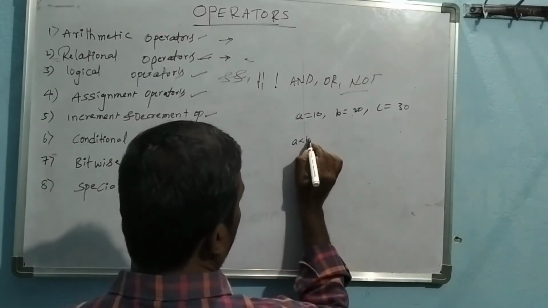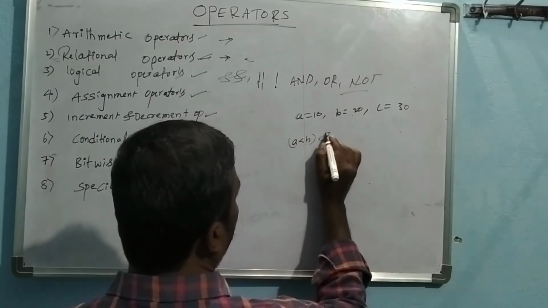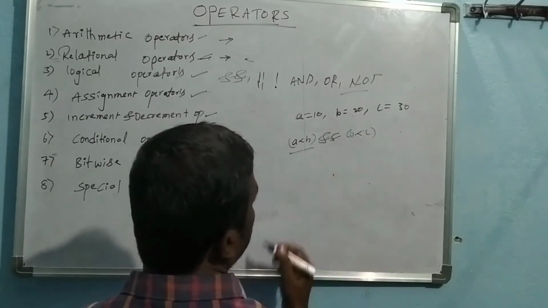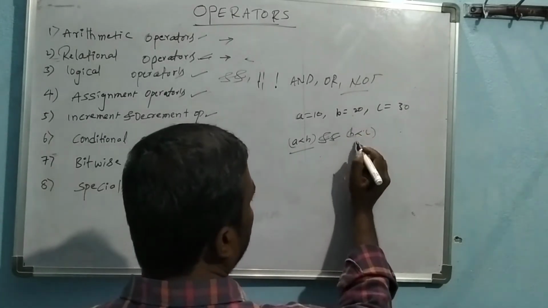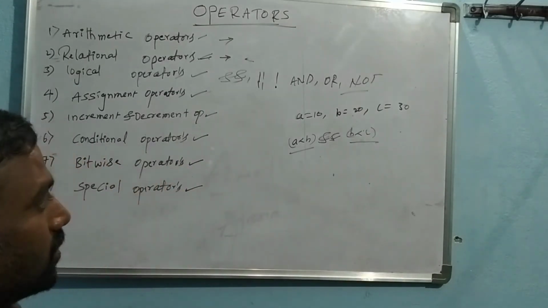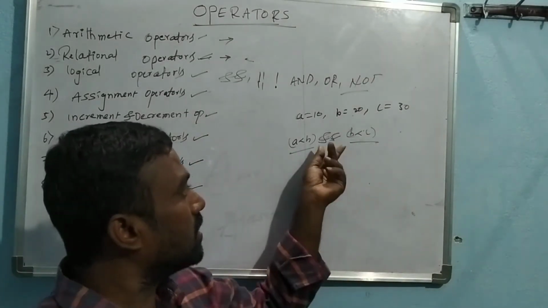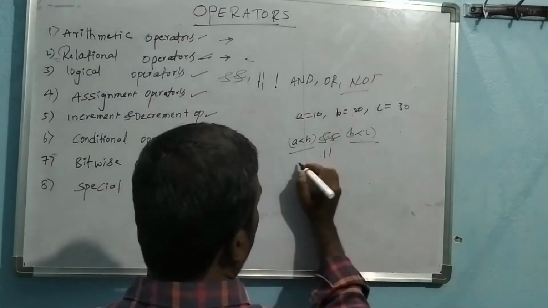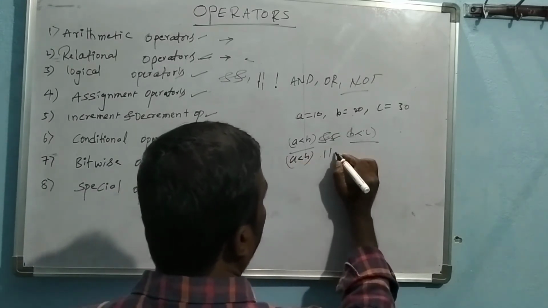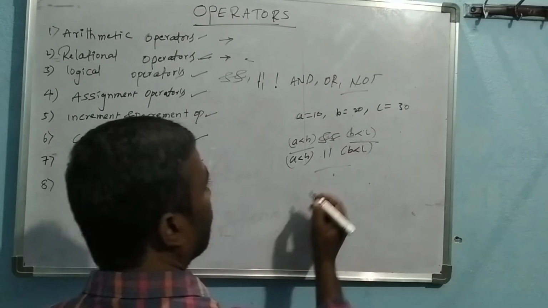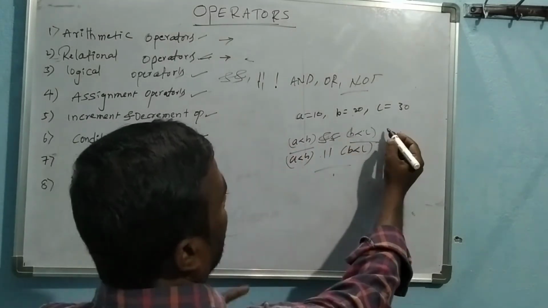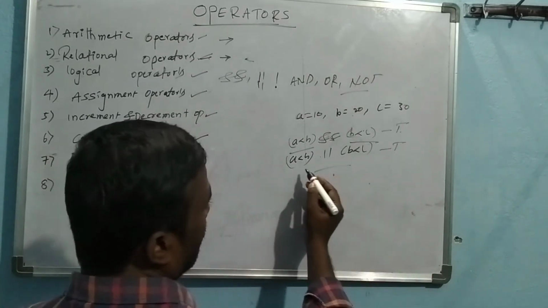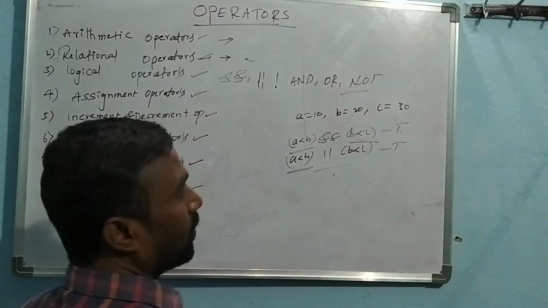A less than B is one condition and B less than C is another condition. Whenever we are checking two conditions, the logical AND operator is useful. When both conditions are true, the statement will be executed.